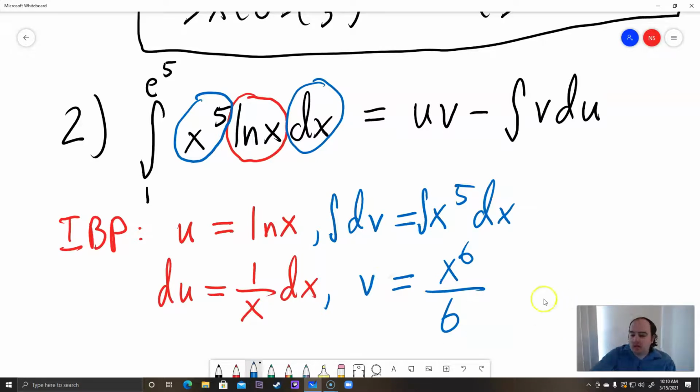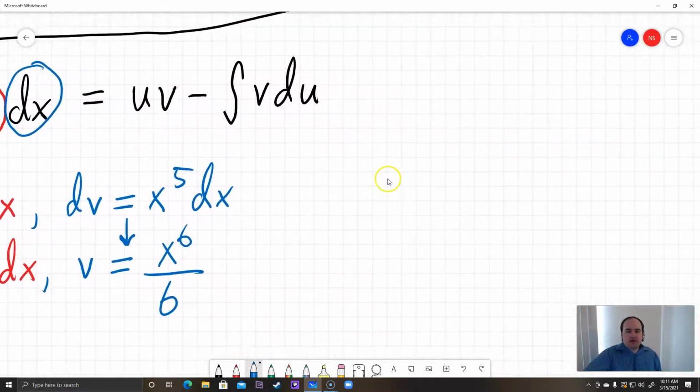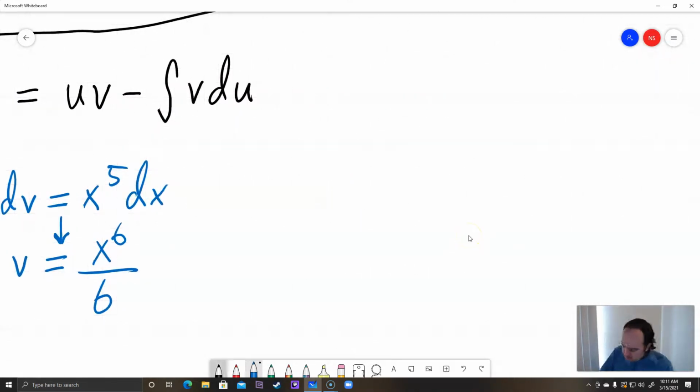You don't want to write plus c here, because this is just a mini integral that we have to do to find v. So we took the derivative to get du, and we took the integral of dv to get v. Now we're ready to plug everything into the formula: uv minus the integral of v du. So let's plug everything in.